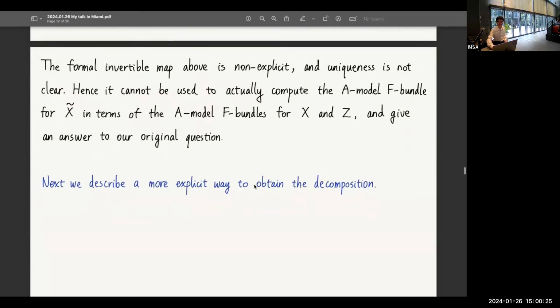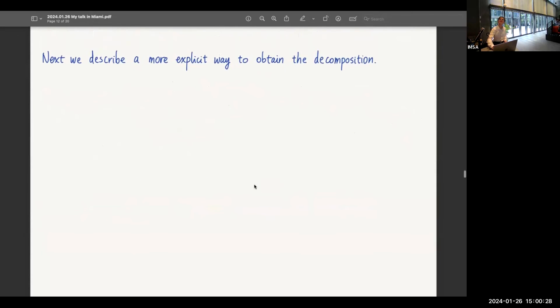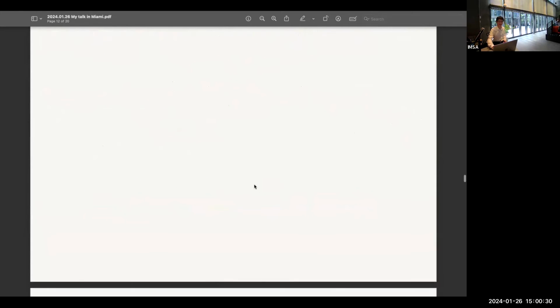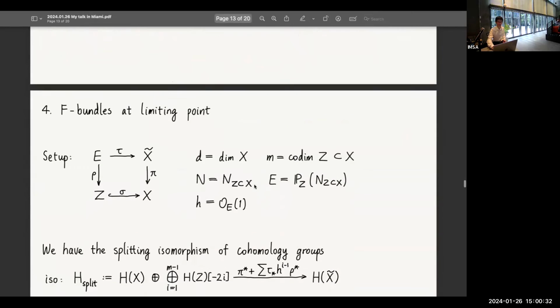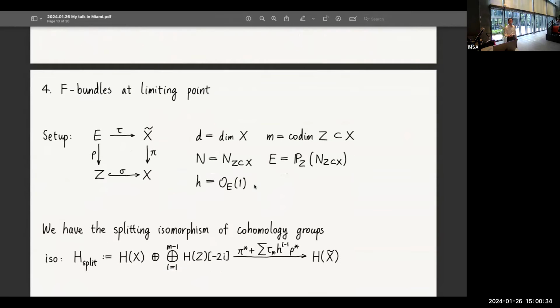Okay, let me give a more explicit way of obtaining this decomposition. So first, let's look at what the F bundles are at this limiting point. Here is our setup.